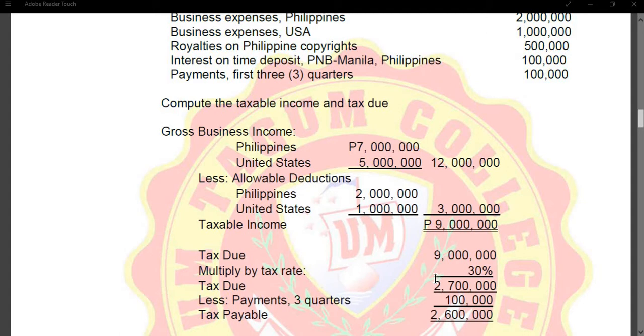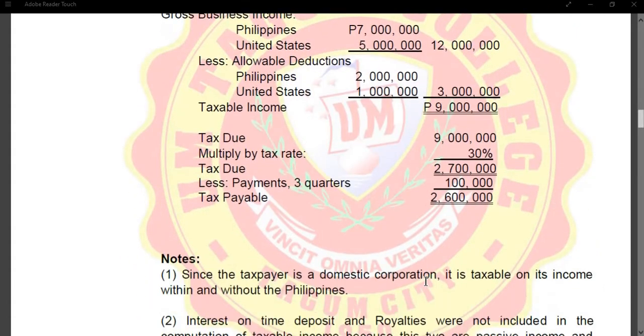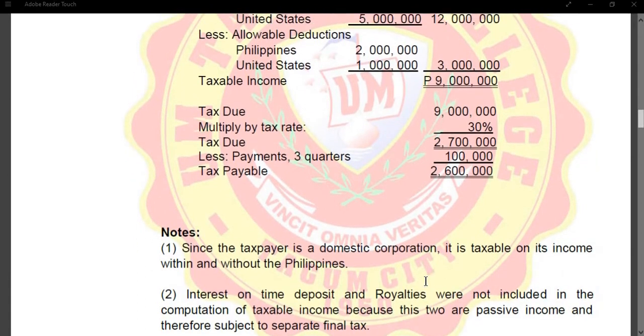That leaves you 2,700,000 as tax due. Remember, your 2,700,000 pesos tax due is not your tax payable because for the past 3 quarters, you have already paid 100,000 pesos. So, 2,700,000 pesos as tax due, less 100,000 pesos payments for the past 3 quarters, then your tax payable is 2,600,000 pesos.